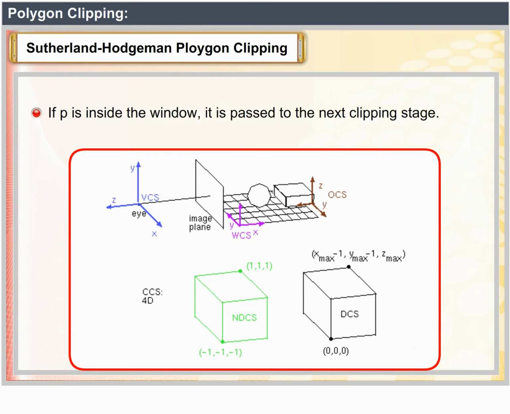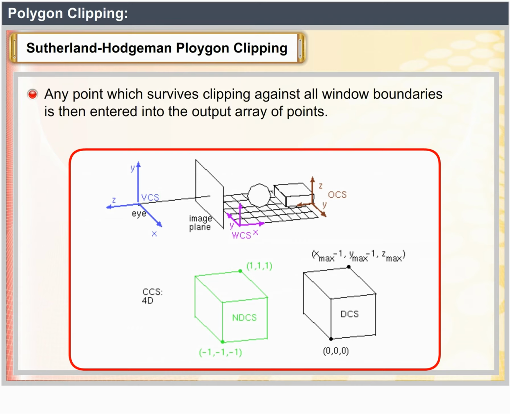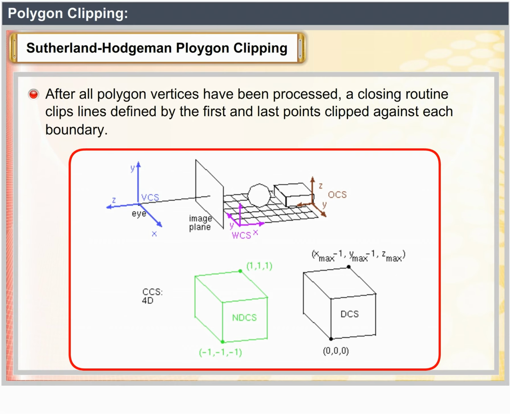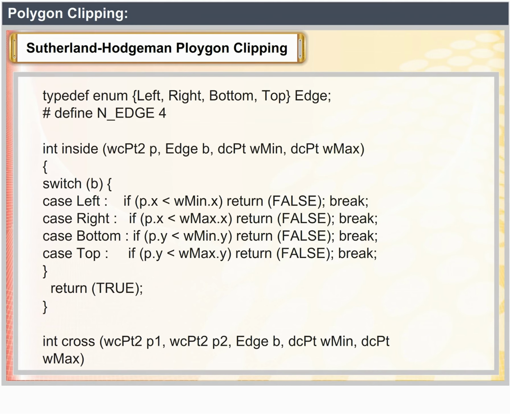Any point that survives clipping against all window boundaries is then entered into the output array of points. The array firstPoint stores, for each window boundary, the first point clipped against that boundary. After all polygon vertices have been processed, a closing routine clips lines defined by the first and last points clipped against each boundary. The Sutherland-Hodgman polygon clipping algorithm is now shown on the screen.